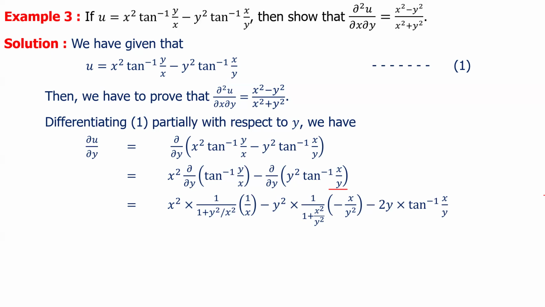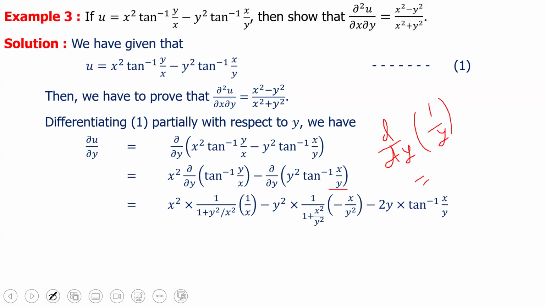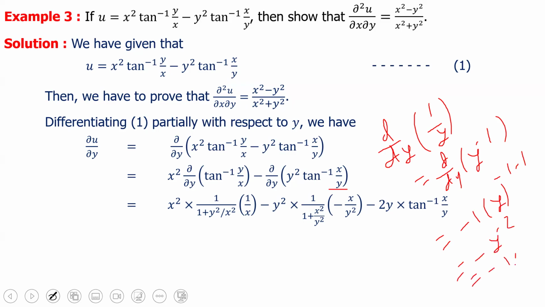So what is the derivative of 1 upon y with respect to y? It is the derivative of y to the power minus 1, which is minus 1 into y to the power minus 2, equal to minus 1 upon y square.